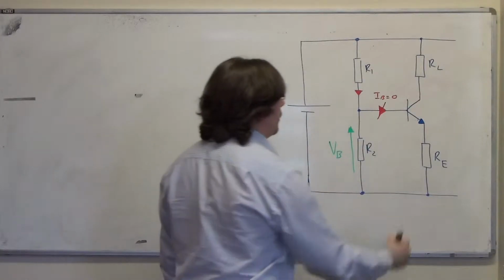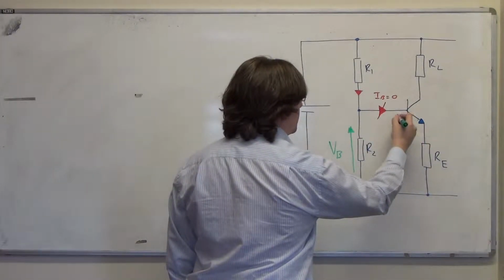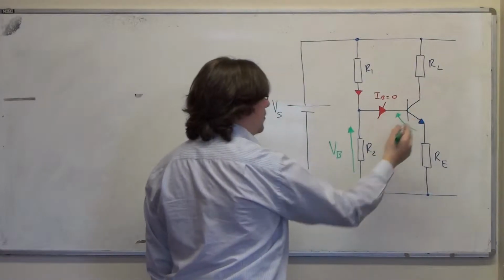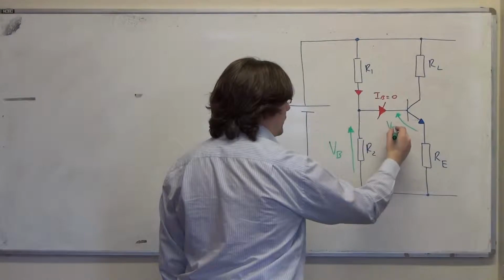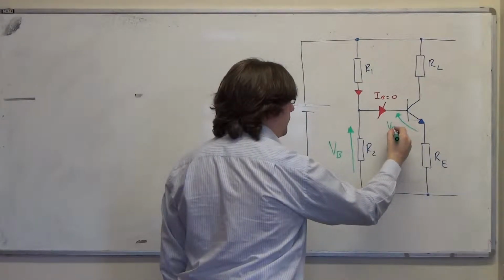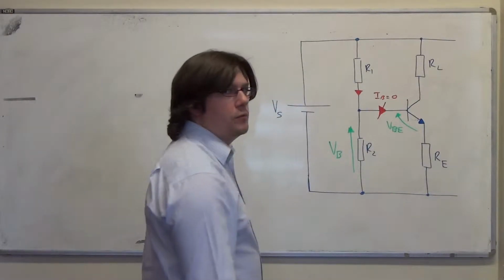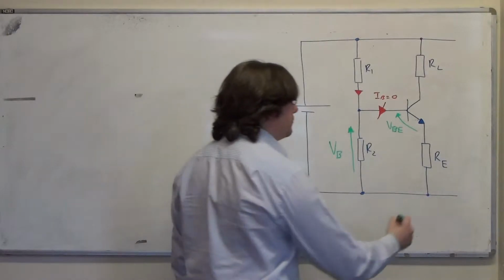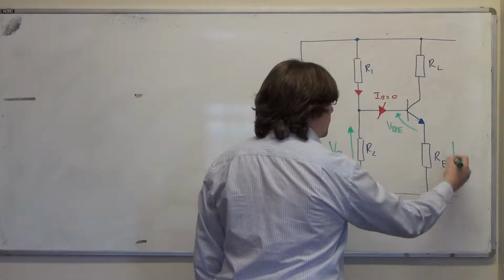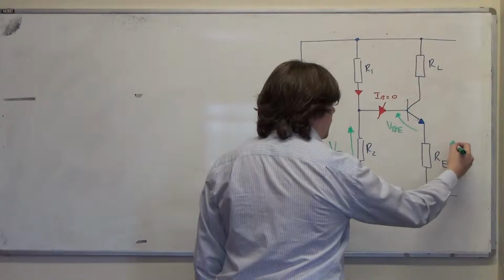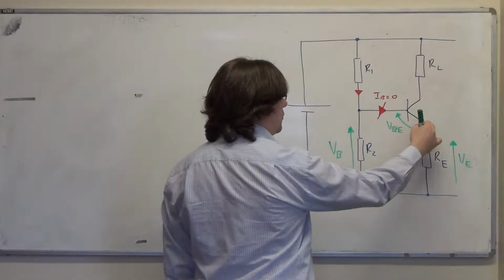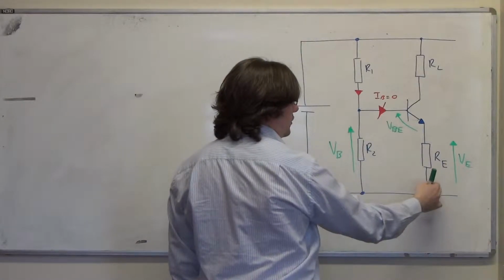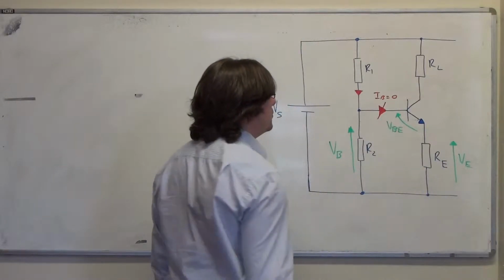And the other thing we can say, well, we know what the voltage across this is, the base to emitter junction. So this should be called VBE. And we know that's going to be about 0.7 volts. About. And we've got a voltage across the emitter resistor as well, and I'm going to call that VE because it's the voltage of the emitter with respect to ground, and it just so happens that's the voltage across the emitter resistor.